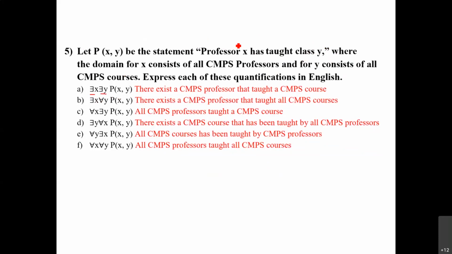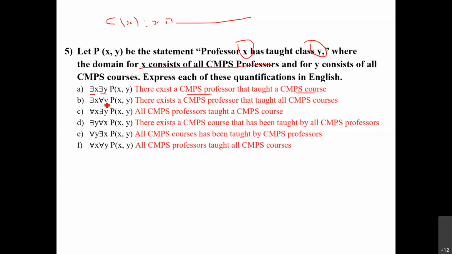And p of x, y just means Professor X has taught class Y. The domain consists of all CMPS professors, so it was specified that X is a CMPS professor. If X was all the domain and we wanted to specify that X was a CMPS professor, we would have had to create another predicate C of X such that X is a CMPS professor. But we didn't need to do that. So there exists a CMPS professor that taught a CMPS course.